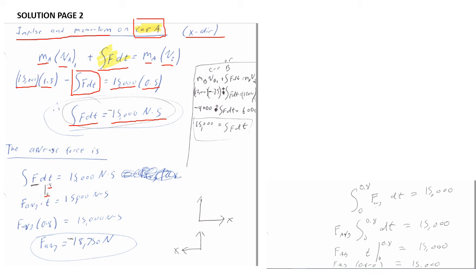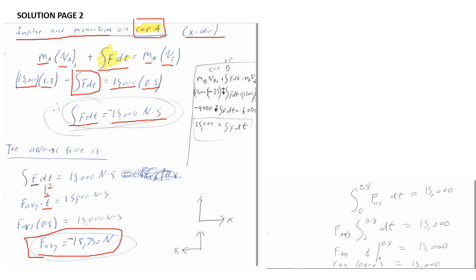So we have F average times our time equal to negative 15,000. We plug in our value for t from our limits of integration, so F average times 0.8 is equal to negative 15,000 newton seconds. We rearrange and solve for F average, and F average is negative 18,750 newtons. And again, which coordinate system we use depends on what's positive and what's negative.